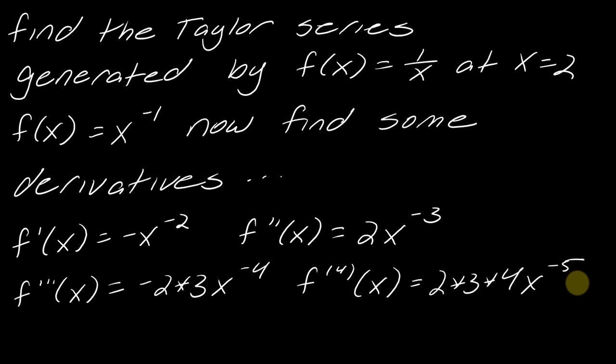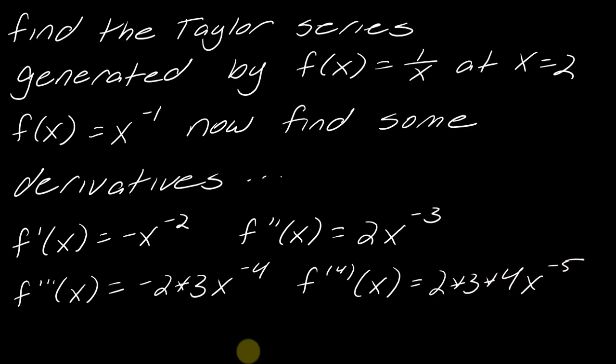Now, a word to the wise. I want you to notice how I built these derivatives. It's not so much that I care what the number is. I'm really trying to establish the pattern. If I had written this as -6, in the context of a Taylor series, that might not be as meaningful as seeing what the pattern is. Because now I can see that with each successive derivative, I'm multiplying by whatever this is.